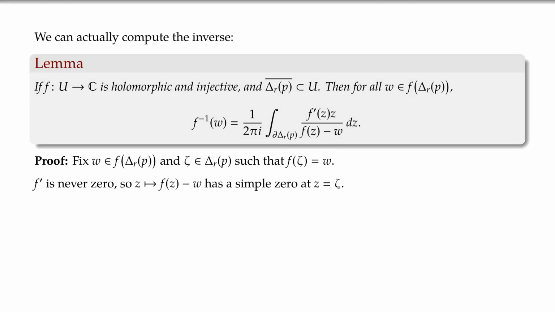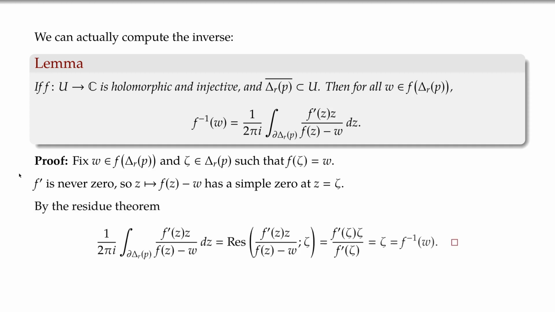Now, f prime is never 0, right? Because, well, we just proved that. It's an injective map, so f prime is never 0. So that means that f of z minus w has a simple 0 precisely at zeta, right? That's the way that we picked zeta, and it has to be a simple 0 because f prime was never 0.